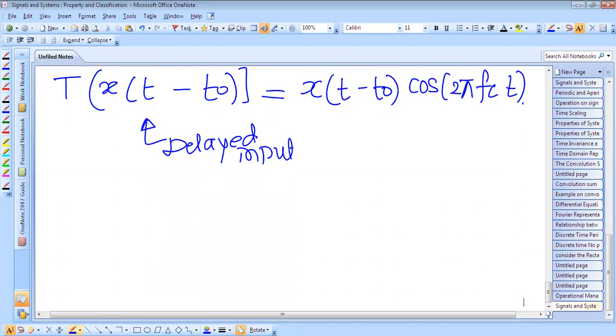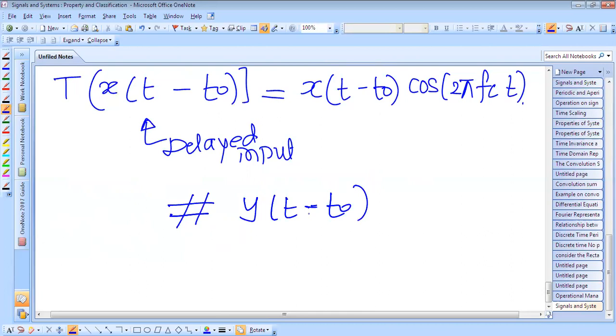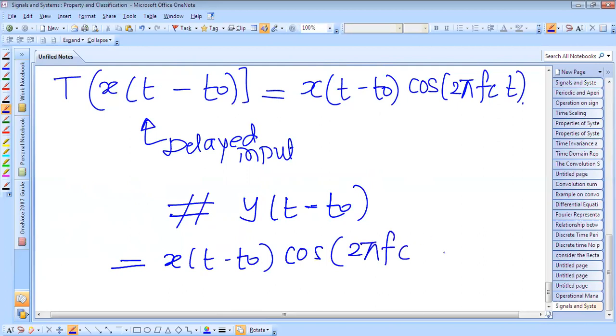And this is not equal to y of t minus t0, and therefore we can write here x of t minus t0 cos of 2 pi fc t minus t0.